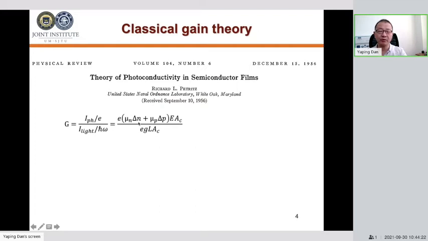And then we can rewrite this expression in terms of the photocurrent, the light illumination and generation. Further, this equation can be simplified by assuming delta n equals delta p, that is, the excess electrons equal the excess holes. That makes sense because one photon will generate one electron and one hole.